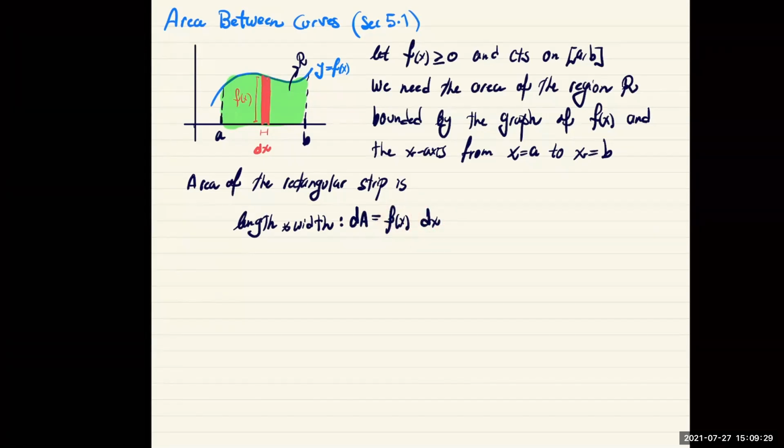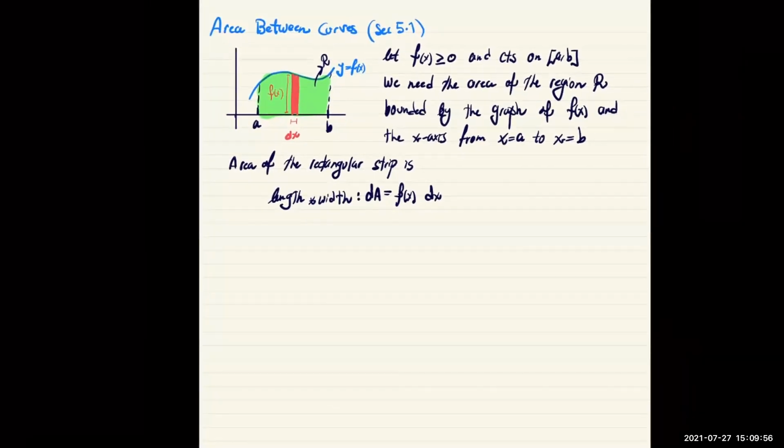And again, we have infinitely many of these rectangular strips, because this dx is really small. What you do is add up their areas. Adding up is taking a limit of the Riemann sum, which gives you the integral from a to b. That's the total area.